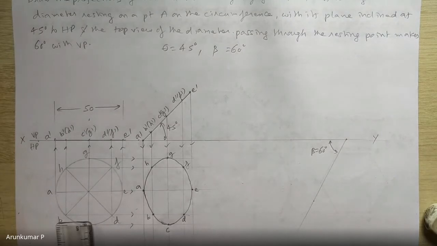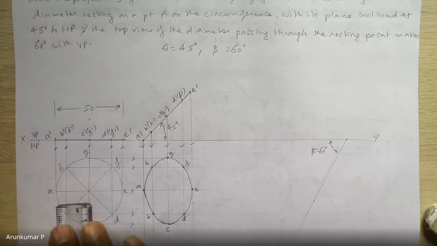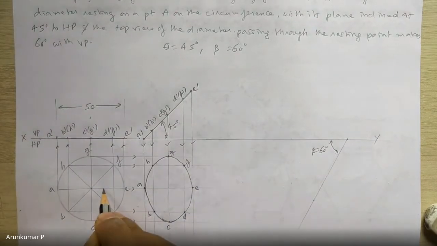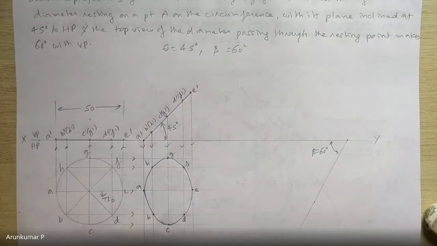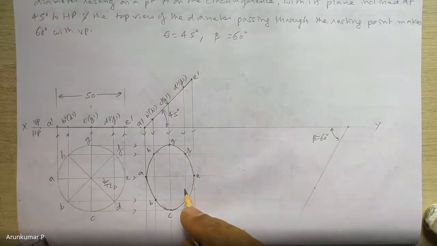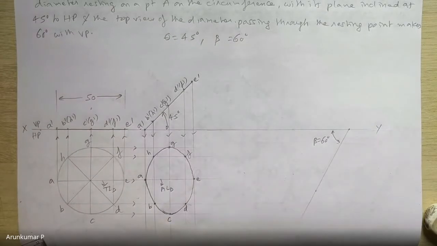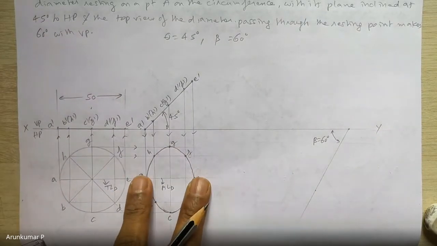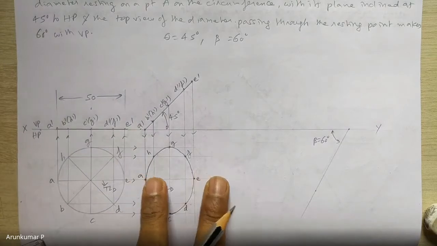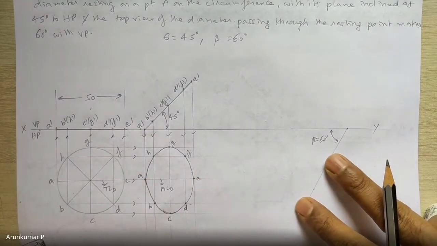No, sir. Yes, correct. See, this AE, this is the true length of the diameter. This AE is the apparent length of the diameter. So apparent length, it is less. It can be kept on an apparent inclination.